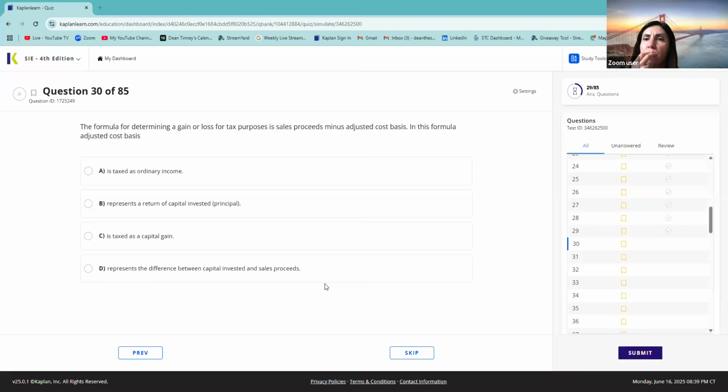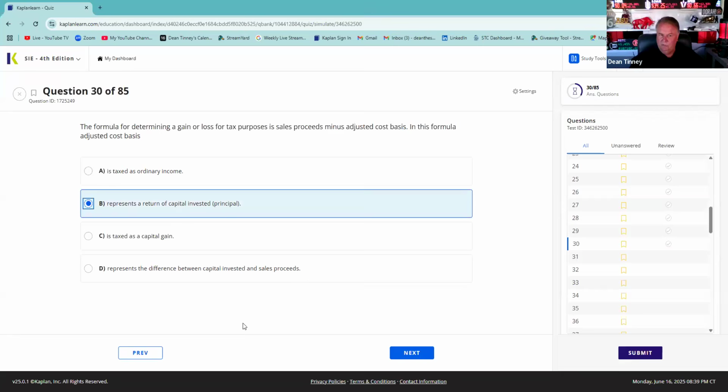So the adjusted cost basis, will it be taxed as capital gain? Well, no, it's not going to be taxed. It's money you already paid taxes on. You don't owe taxes on the cost basis because that's money you already paid taxes on. So I don't like this question, but it's actually B, because that's your own money coming back to you.